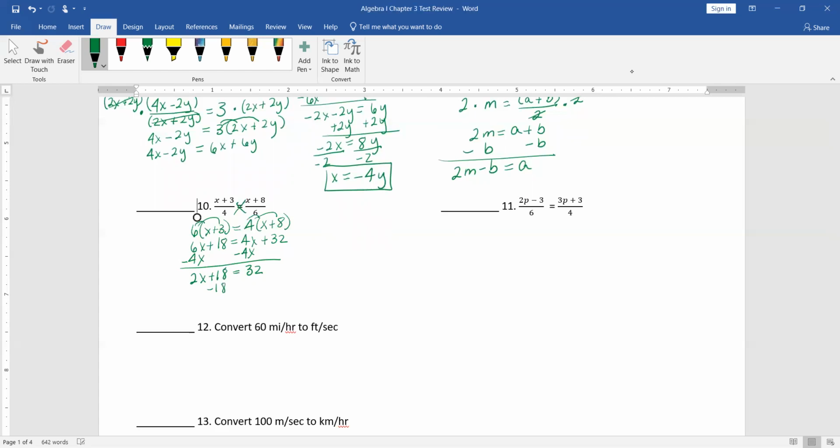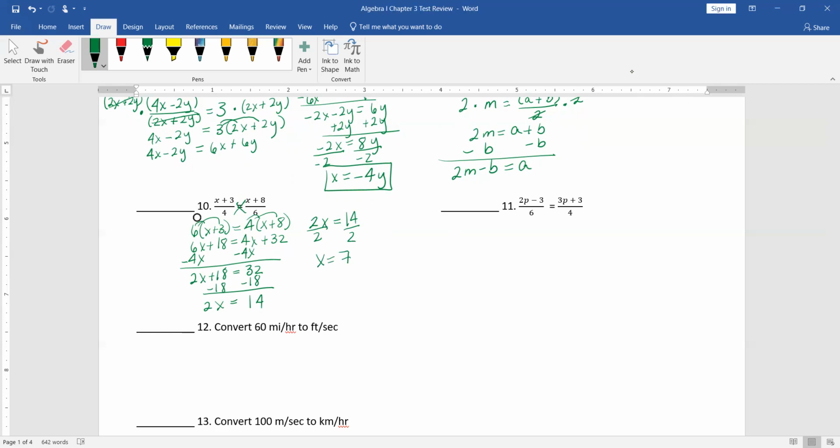Then I subtract that 18 to get rid of it. And I'm left with 2x equals 32 minus 18, which is 14. Then I've run out of room, so I'll move over here, 2x equals 14. We should hopefully know we just need to divide by 2, and we end up with x equals 7.